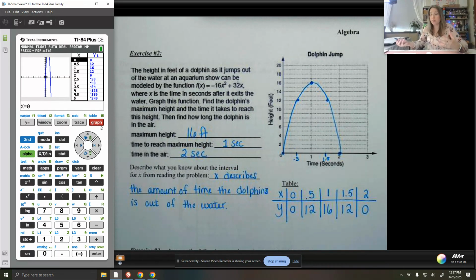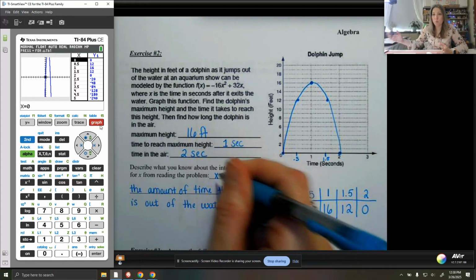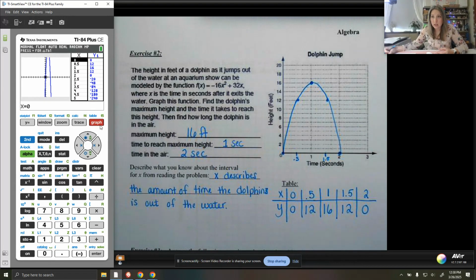They are talking about the amount of time that your dolphin is out of the water. What are the y's talking about? They are talking about how high above the water level the dolphin reaches. So you need to be able to describe what your variables are representing in these real life scenarios.